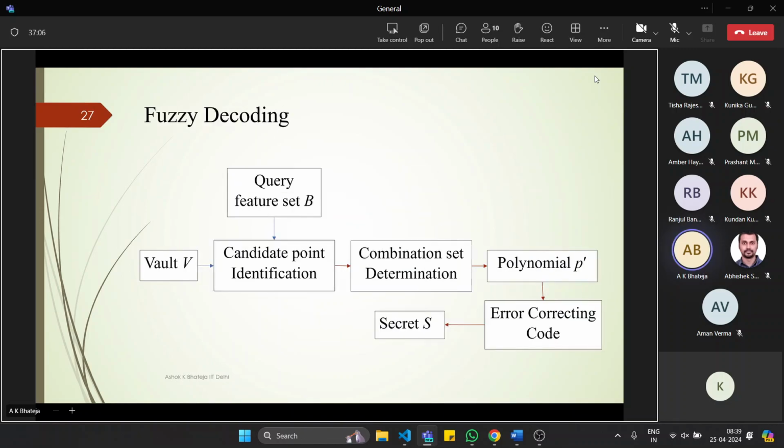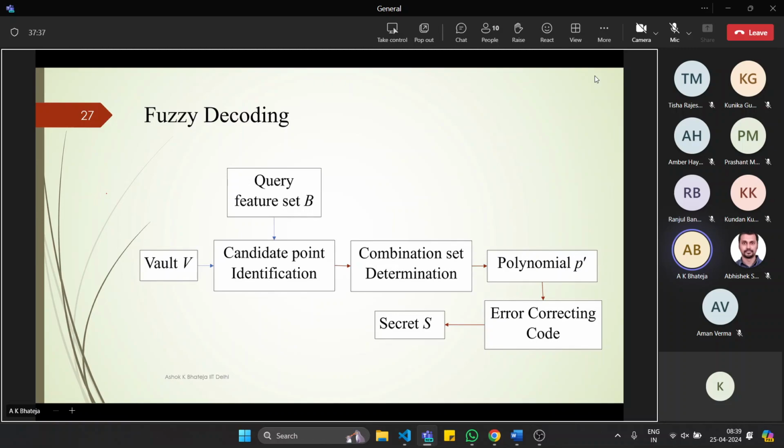Similarly, fuzzy decoding, what you have to do is only vault is given to you and the biometrics is there. This is for the authorized person. So query feature set B, there is the biometrics, and using this biometrics, it is possible for him to search the points which are lying on the polynomial, because this person can also find the x coordinate, y coordinate, the points are having this form, x coordinate, y coordinate, and so on.